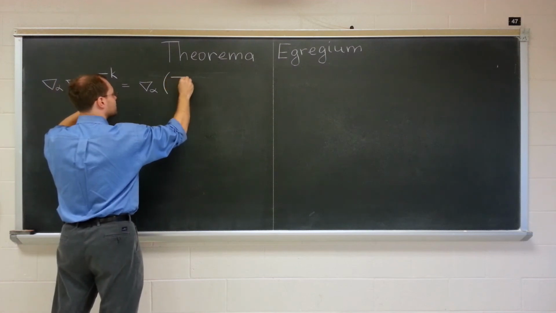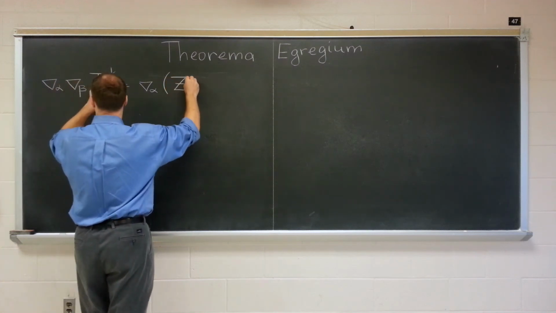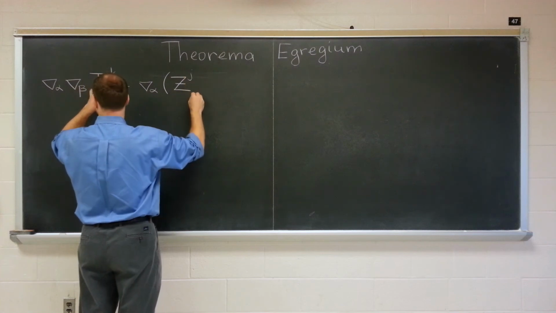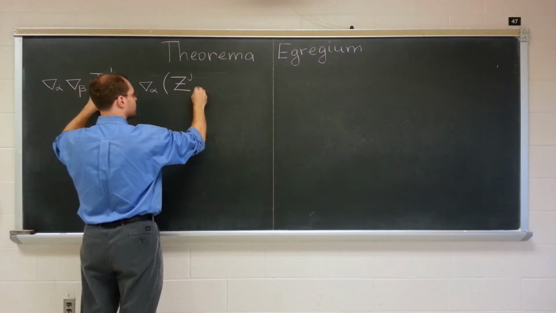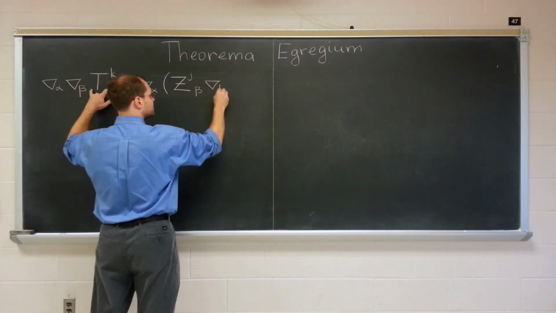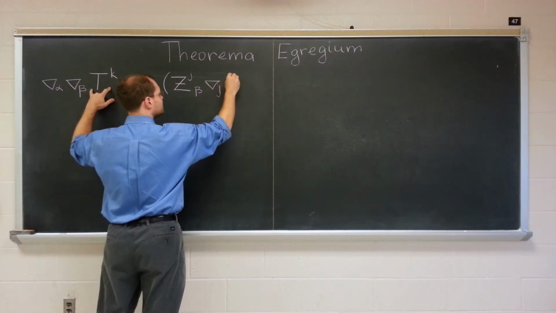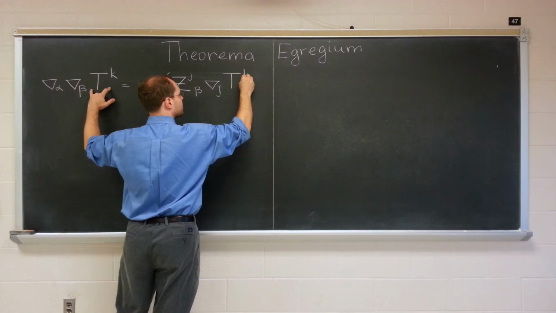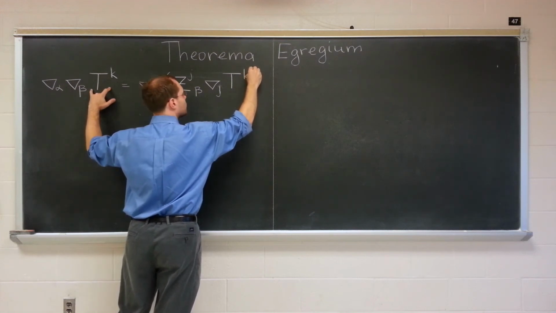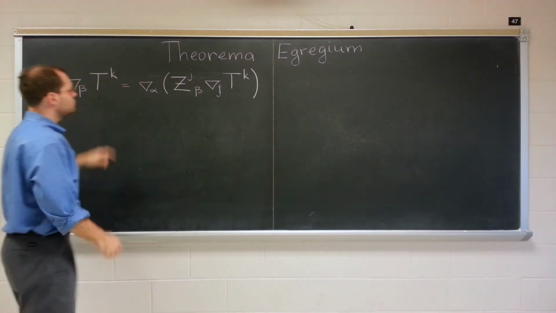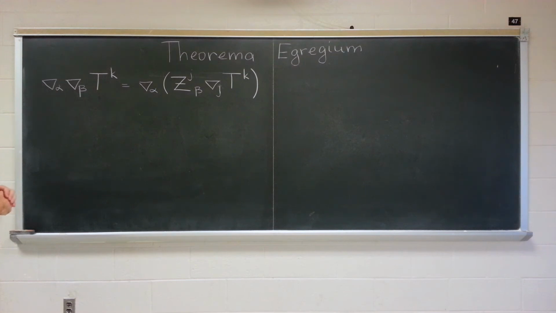And we have Z, I guess J is a good choice of letter, Z^j_β, the derivative sub j of T^k, okay?